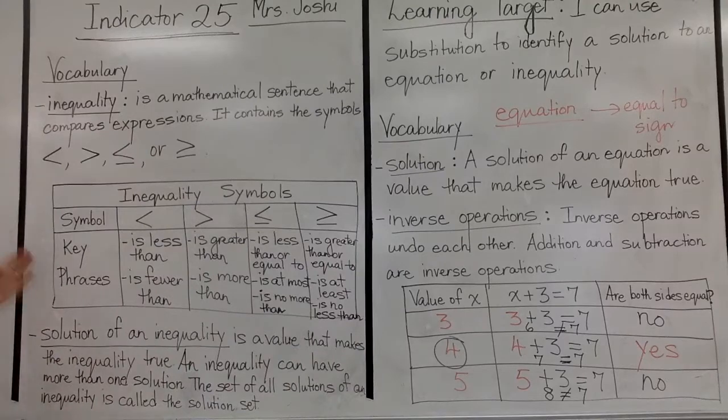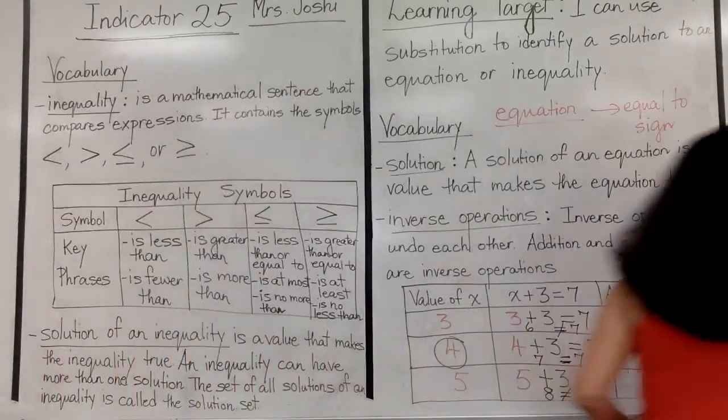So this is basically what these symbols mean. And now that you've understood what the symbols mean, I am going to utilize them in the problem that I'm about to solve, where I used an equation earlier because I put an equal sign. But now I'm going to change it to an inequality.